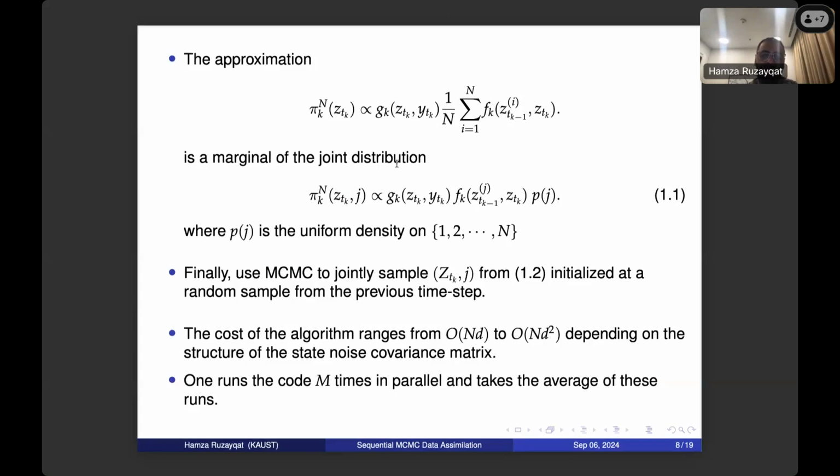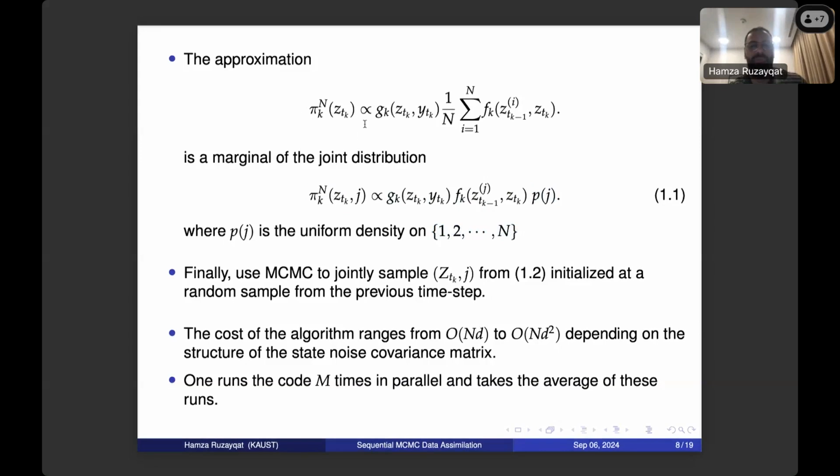Sorry, we sample from the joint distribution, this distribution here, which is a distribution in the state z_{t_k} and some random integer j between 1 and n. It is the same as before, except here there's no summation, and you have the uniform probability of j on this set of integers.